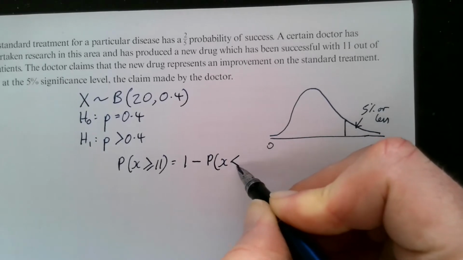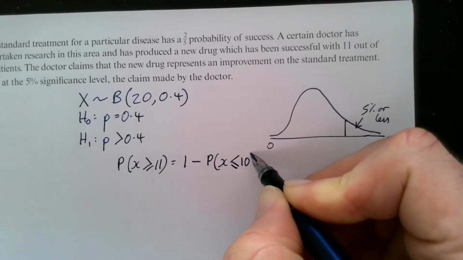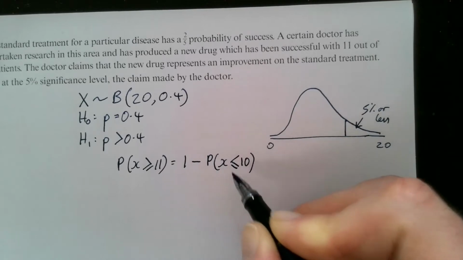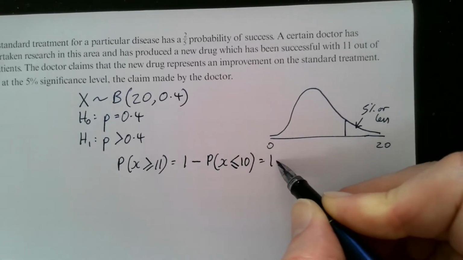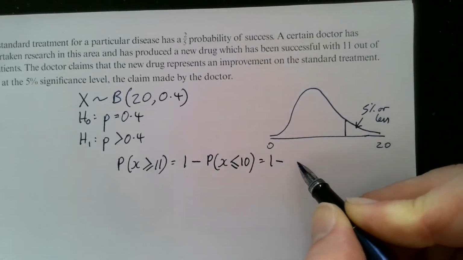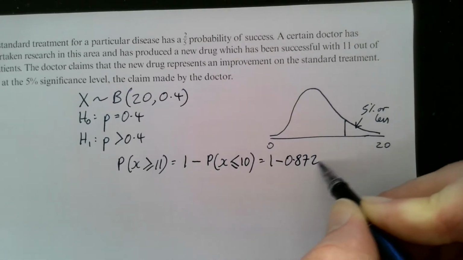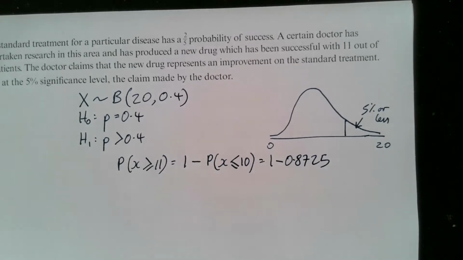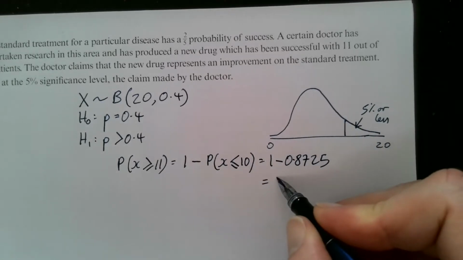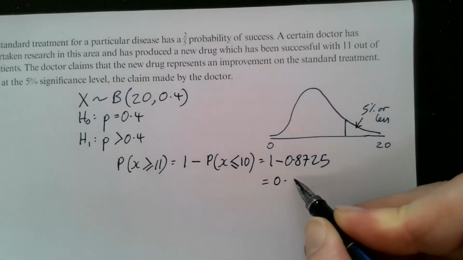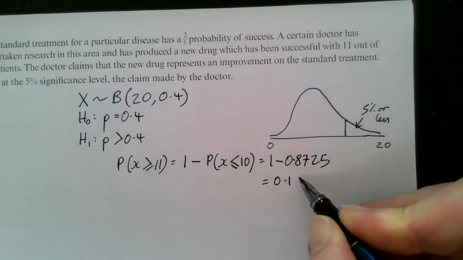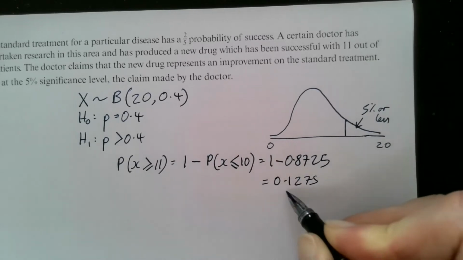So it's 1 take 0.8725, which is 0.1275. So that's 12.75%, which is some way more than what we need.